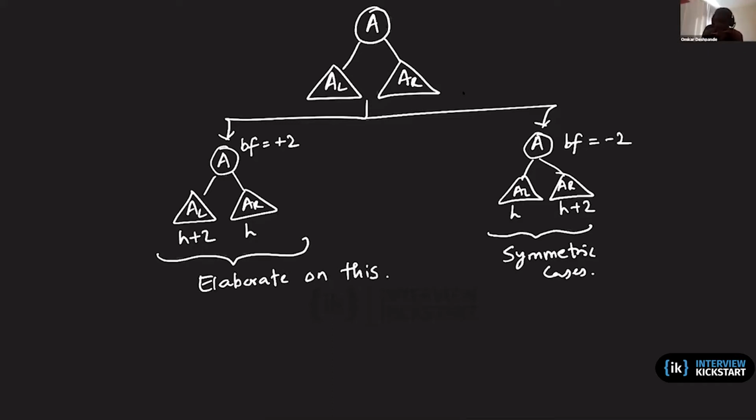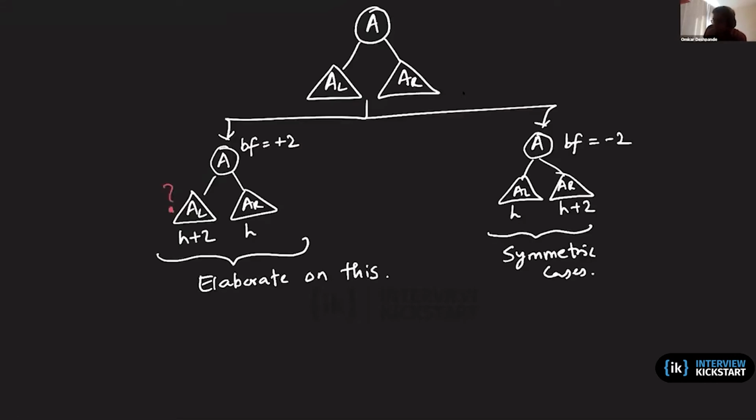Now, how do we fix this? Well, we have to look in slightly more detail at what is going on here. What is the structure here like? So there are three cases. So A sub L, the left subtree, has a height of h+2. Now, how could it have a height of h+2?